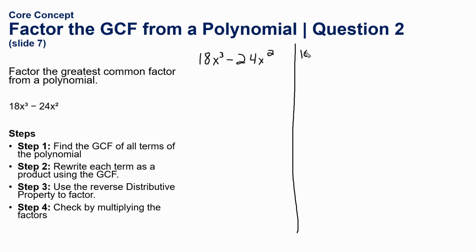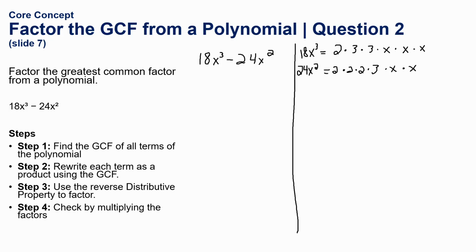So first off, starting with 18x to the third power, this can be written as 2 times 3 times 3 times x times x times x. 24x squared then can be written as equal to 2 times 2 times 2 times 3 times x times x.